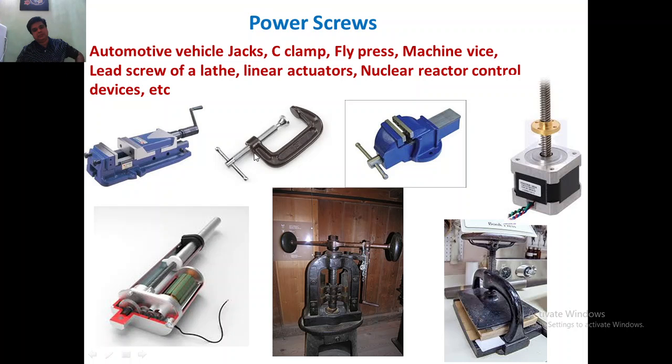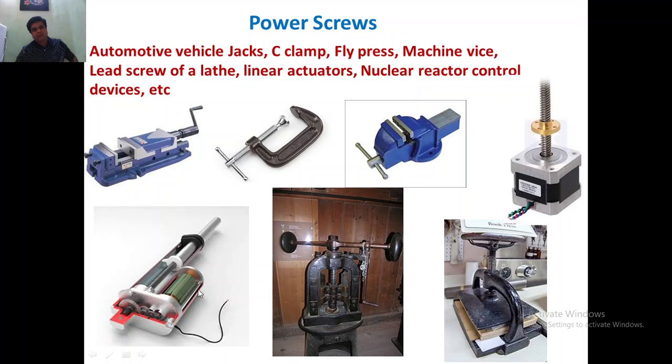It is called a C clamp because the shape is C, and it is similar to the bench vise. We have the power screw here, fixed to the frame, and we can apply a small amount of torque and clamp the workpiece in between these two jaws.